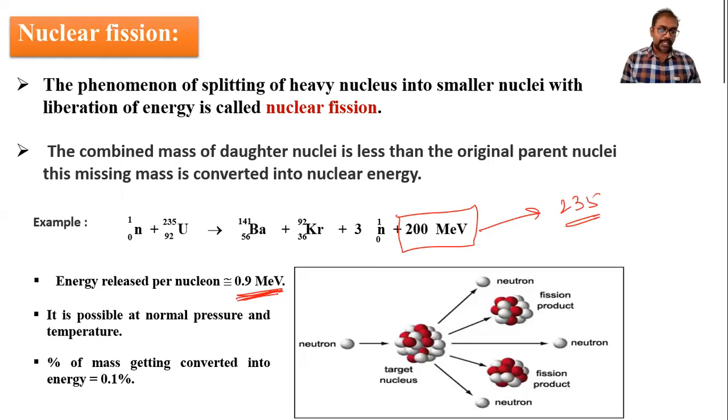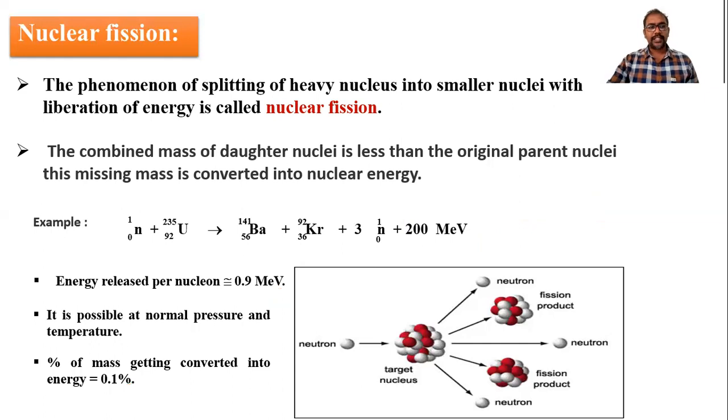This reaction is possible at normal pressure and temperature, with no special condition. Remember, the percentage of mass converted into energy is 0.1%. Only 0.1% mass is converted into energy in nuclear fission.